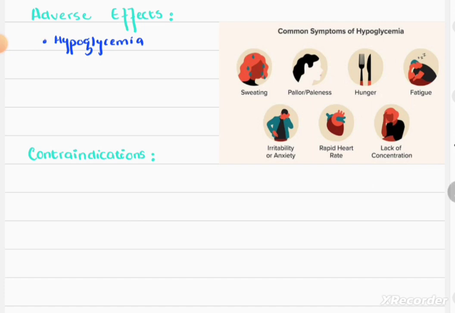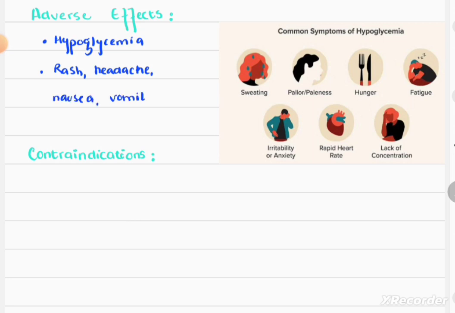So any patient who remains unaware of the symptoms of hypoglycemia, you cannot give them sulfonylureas, because it is a very common side effect. The less common side effects are usually rash, headache, nausea, vomiting.